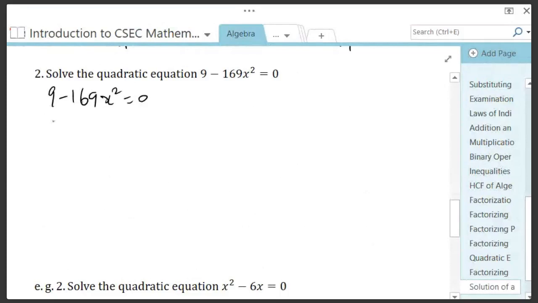Square root of 9 here is 3. So this is 3 squared. Square root of 169 is 13. And square root of x squared is x. We square all of this. This is equal to 0.